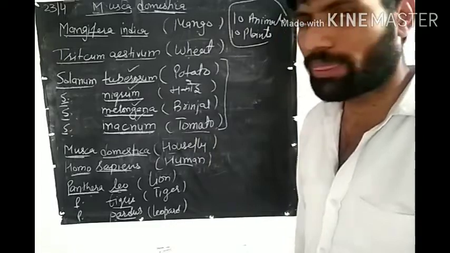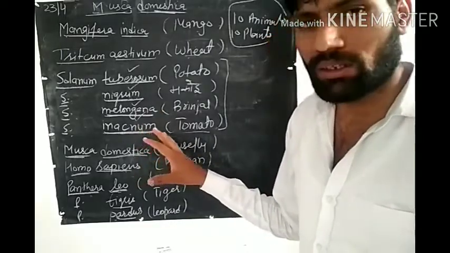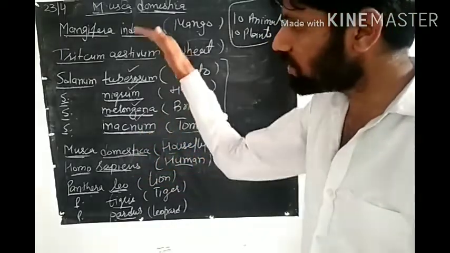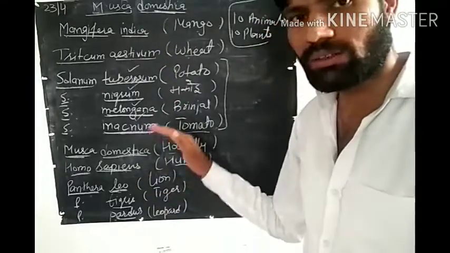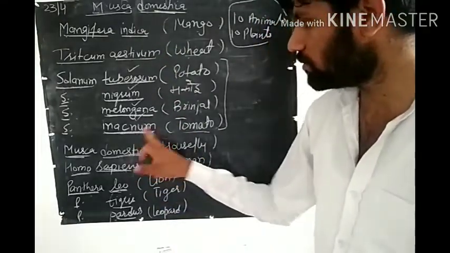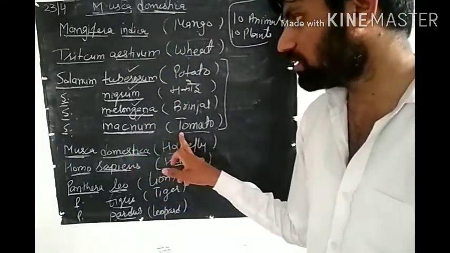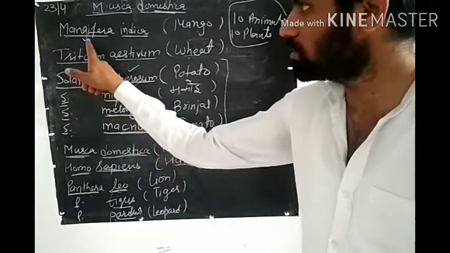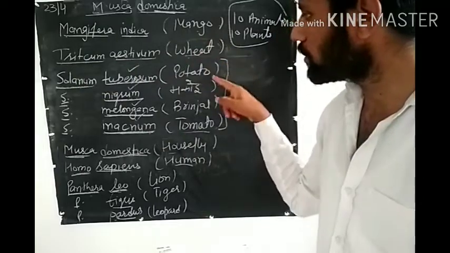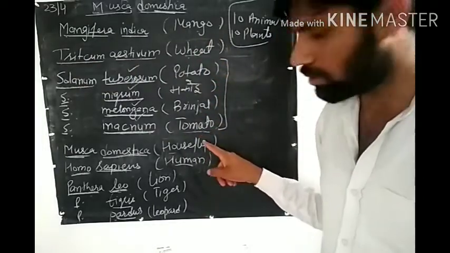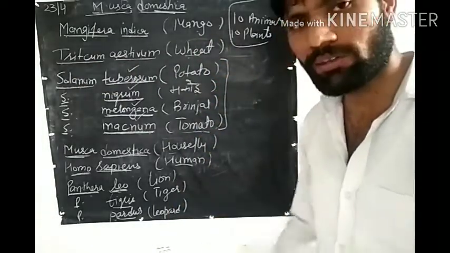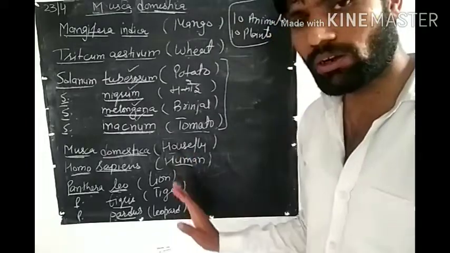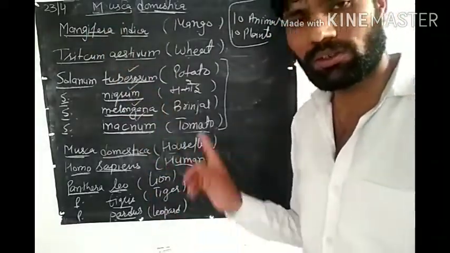So this is your assignment regarding binomial nomenclature. These names are all given in chapter number 1. This is not in this chapter, but it is necessary to teach you something. So Mangifera indica, mango, wheat, potato, brinjal, tomato, housefly, human, lion, tiger and leopard. Is it clear or not? All the rules are clear, right? So you have to do it like this.